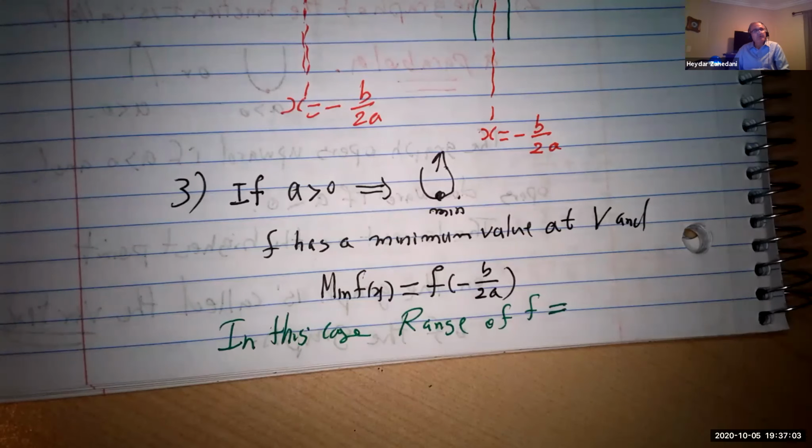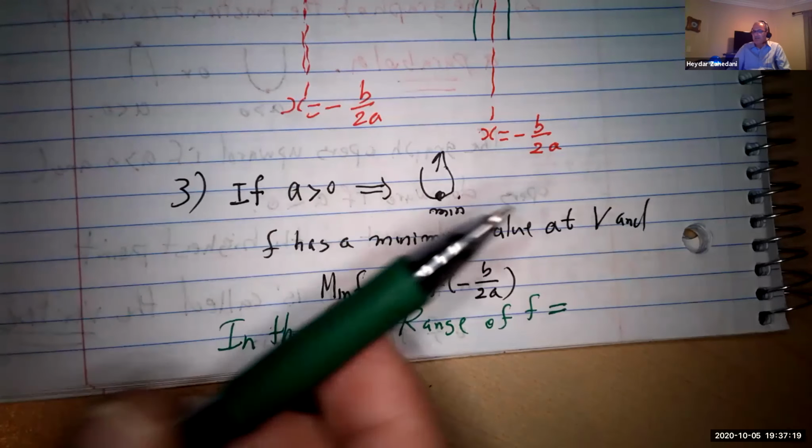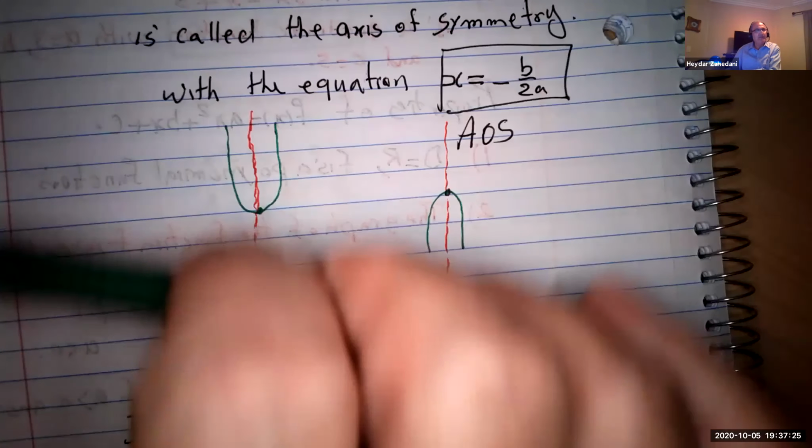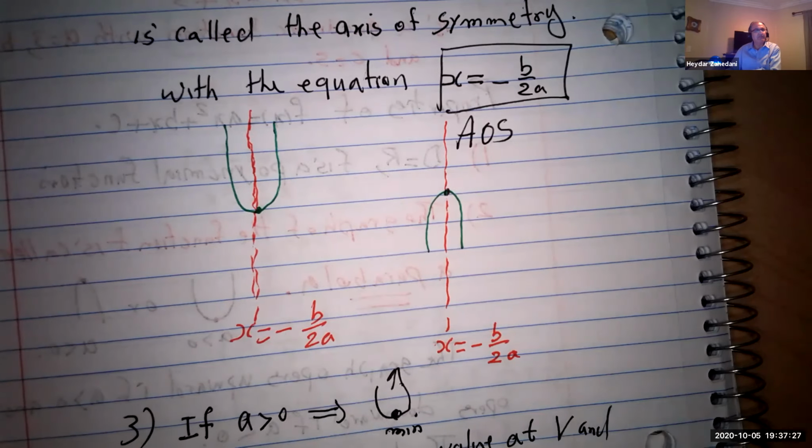So if the minimum is 5, what's going to be the range? Any suggestion? You see the bottom is 5. 5 up. You know the up is going to be positive infinity.